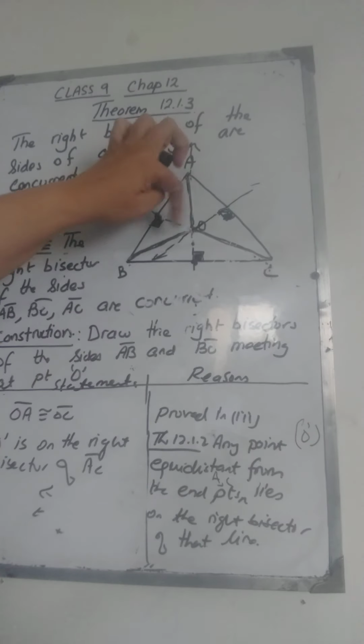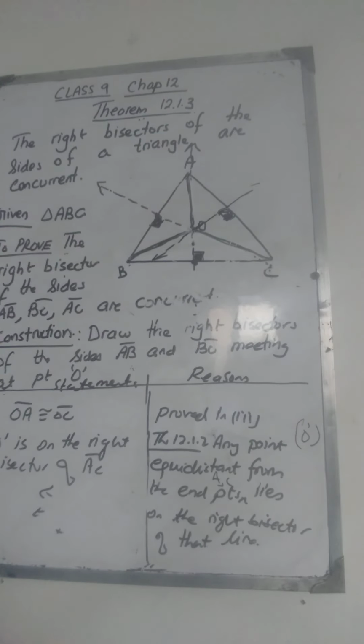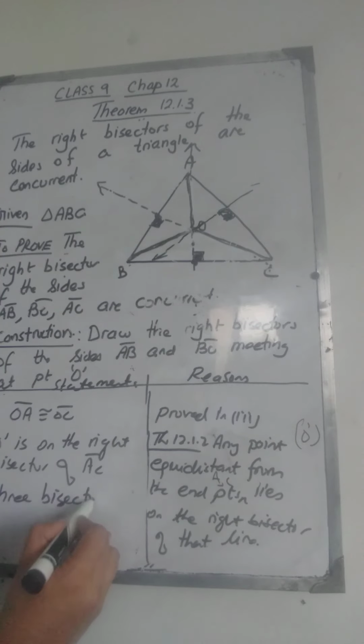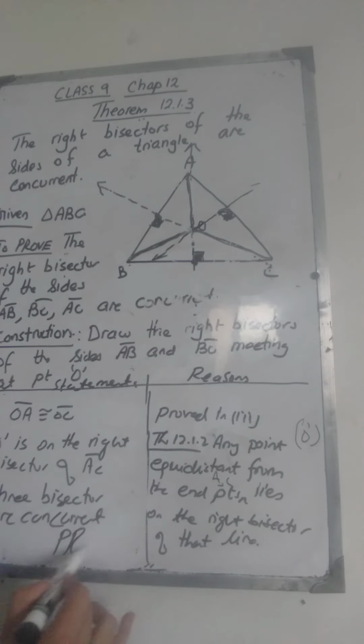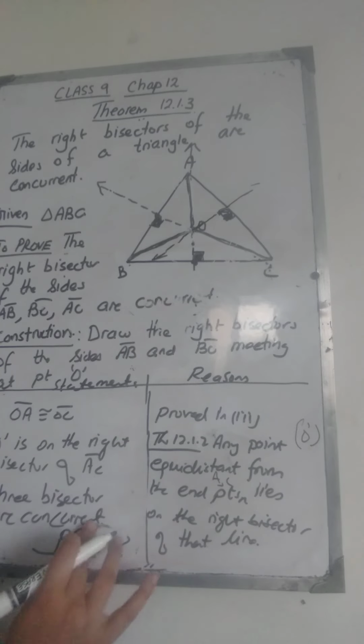This third bisector is the bisector of AC. So this is what we needed to prove.